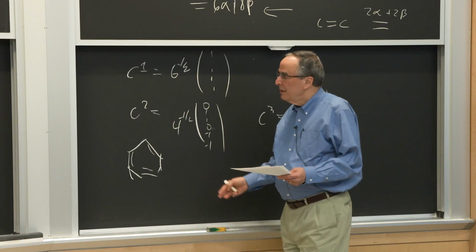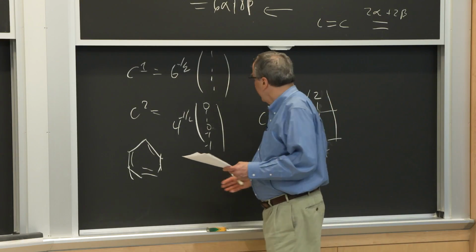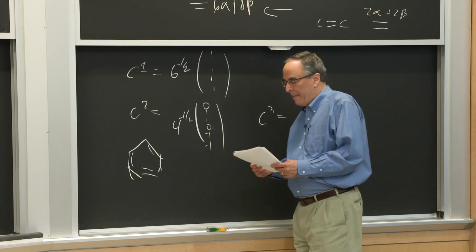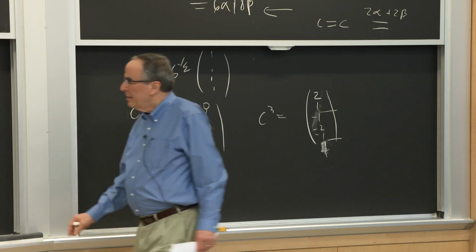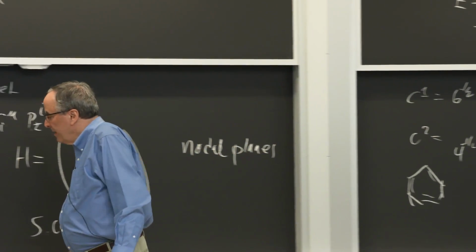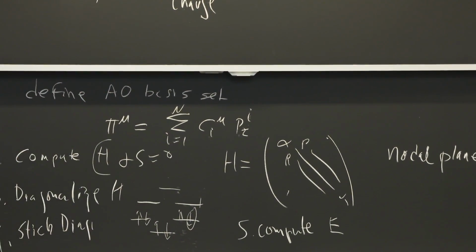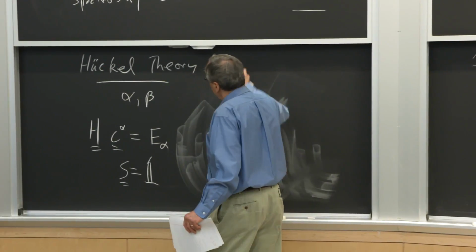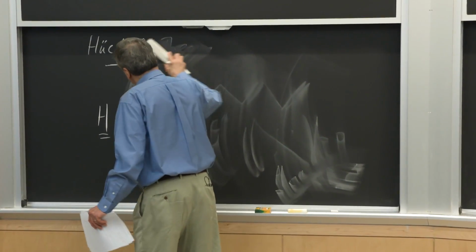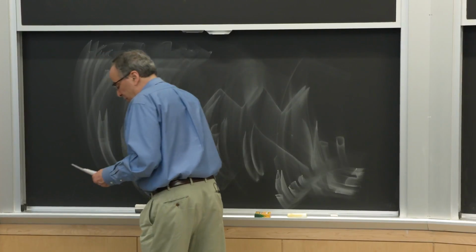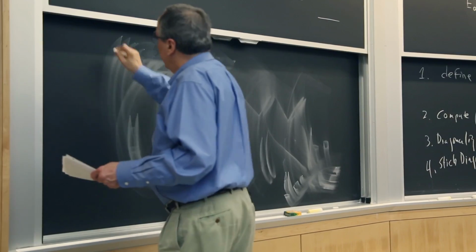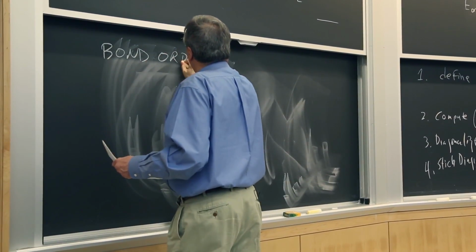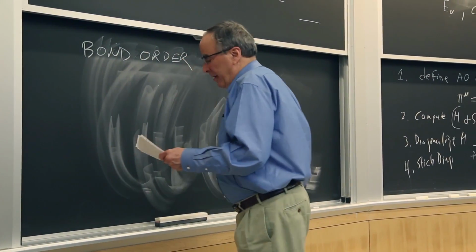So we get a resonance stabilization, and now the more subtle and wonderful stuff is we have these eigenvectors and we have the energies and we can do stuff with them. And one thing is bond order. And so we have a formula.